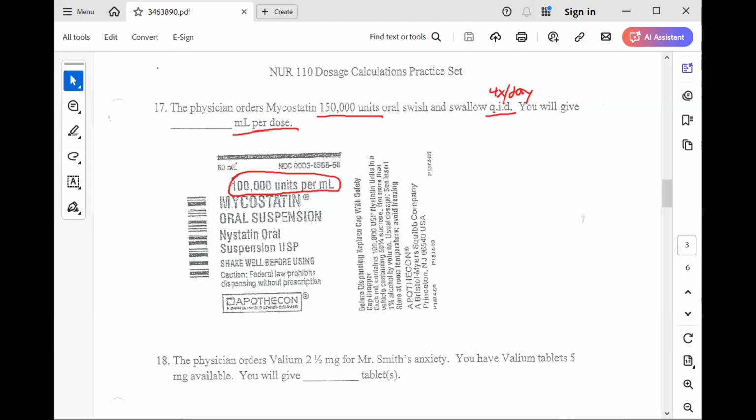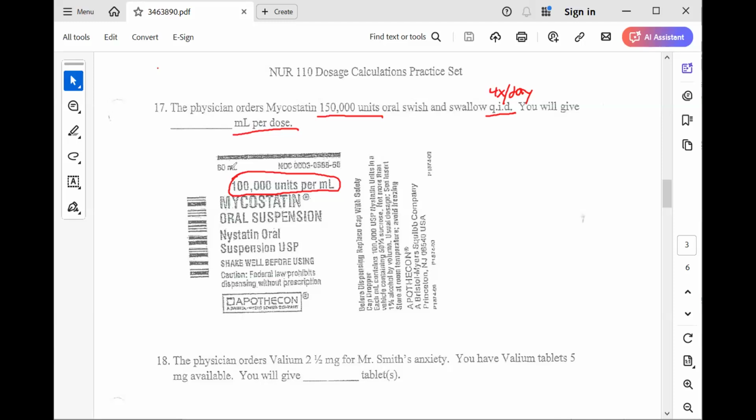Now, one of the things that you may start to pick up on, if this is not something you're used to looking at, the different types of medication labels, is that they put their numbers in different places depending on the company. So just pay attention to that, get used to seeing it, and train your eyes to look for the things that you need in order to answer these questions.